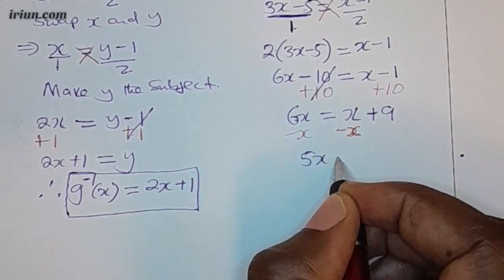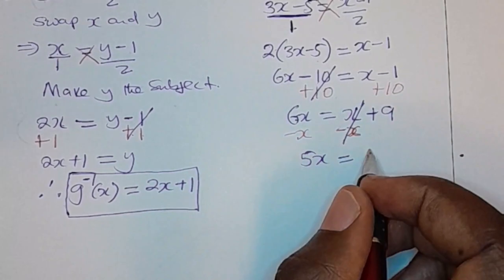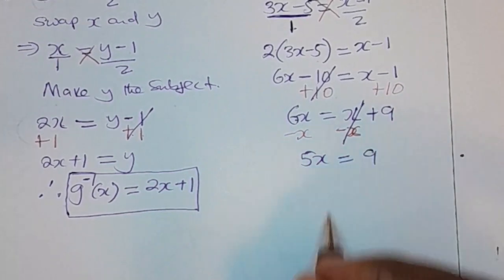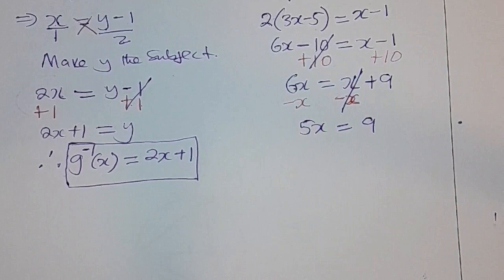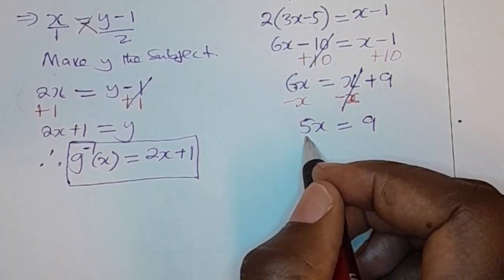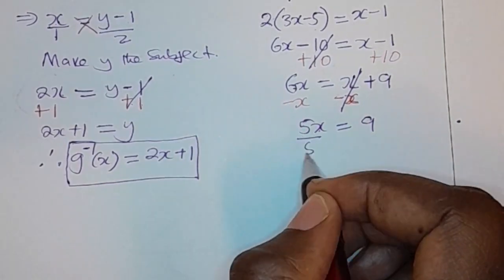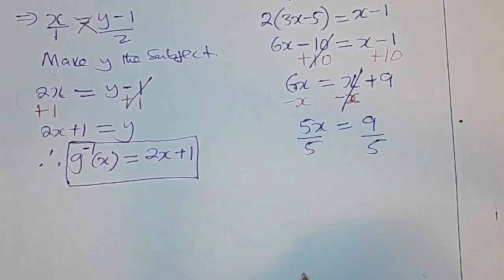Then this becomes a 0 is equal to, then we are going to remain with 9 here. Okay, then to find the value of x, finally divide both sides of this equation by 5.